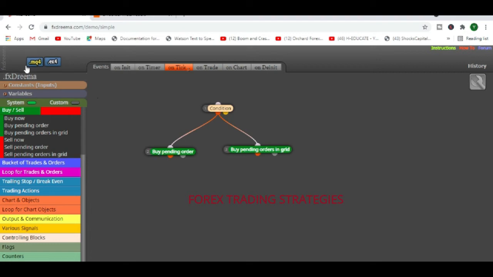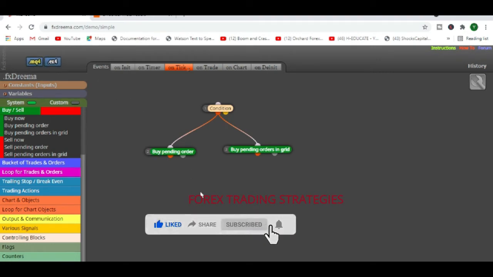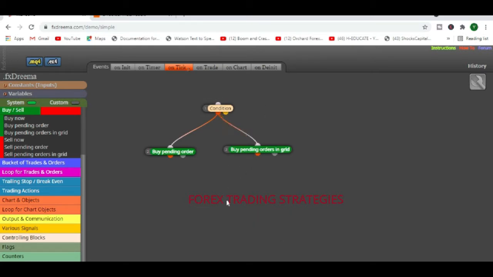So it's definitely not the free version. Some of them are definitely Metatrader 4, but most of them Metatrader 5. So they are using the paid version of this. But there are things that I know when I look at their charts. I can definitely know that it's from FxDreema.